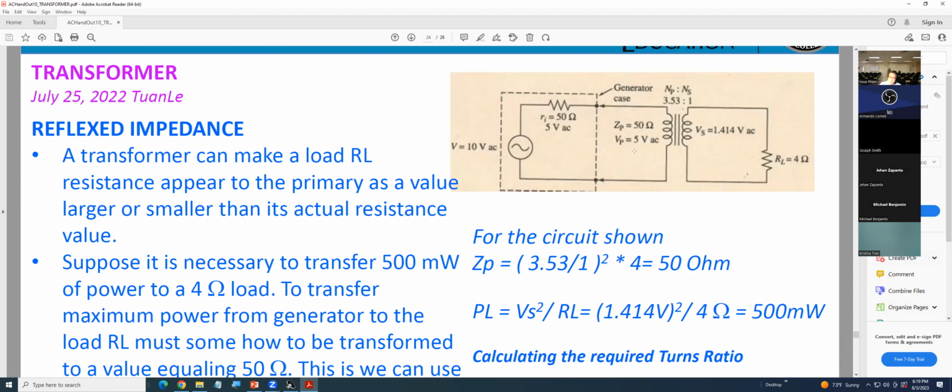And the 5 volt AC here, if you get a ratio 3.53 to 1, that's what you get.